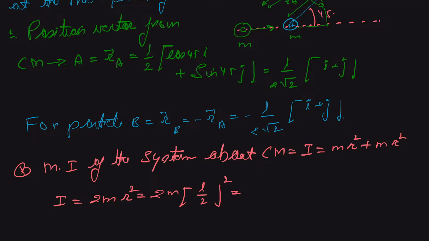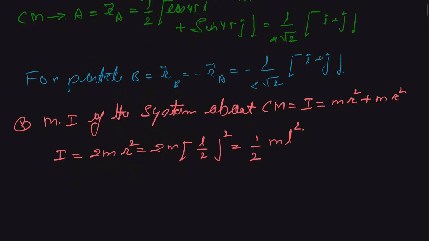So this gives us 1 by 2 m L squared. So this is the moment of inertia about the center of mass.